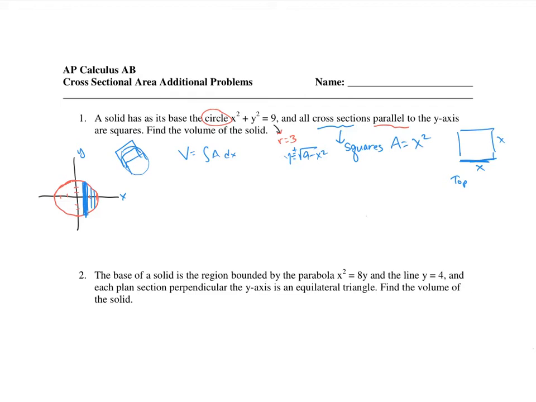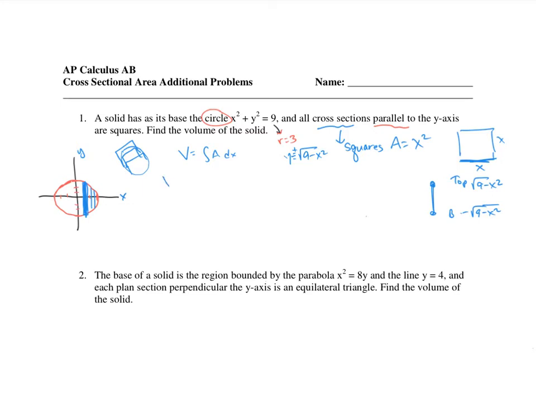So the top is going to be the square root of 9 minus x squared, and the bottom will be negative root 9 minus x squared. So that's the distance that I'm going in each one of these squares, the length of that base.